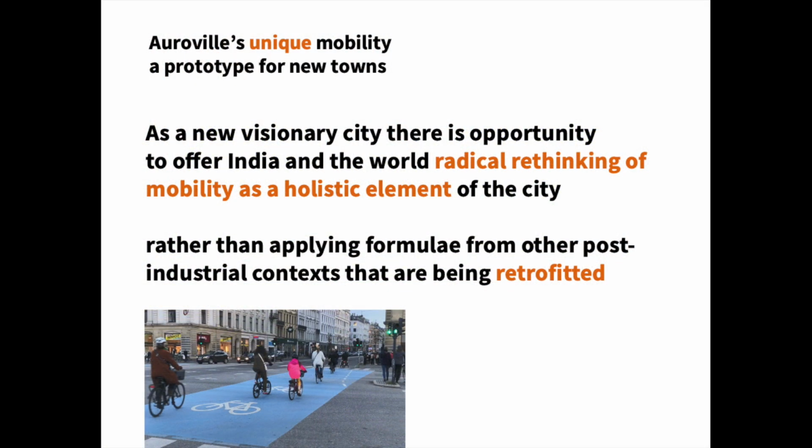In order to be a prototype for other new towns, which are so needed in India to solve India's urbanization, we have to talk about a radical rethinking of mobility as a holistic element of the city, rather than applying formulae from other post-industrial contexts where bicycles and public space are being retrofitted.